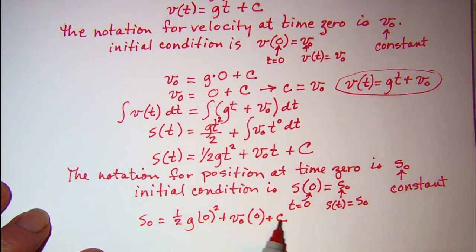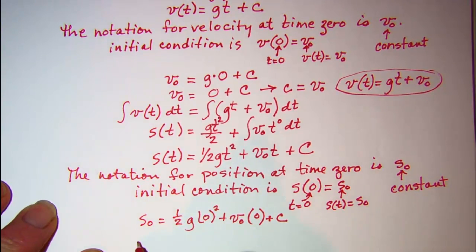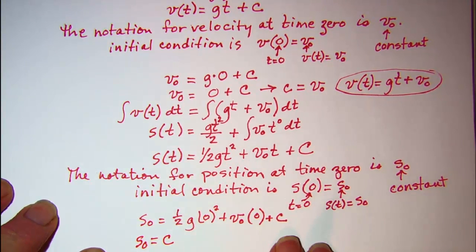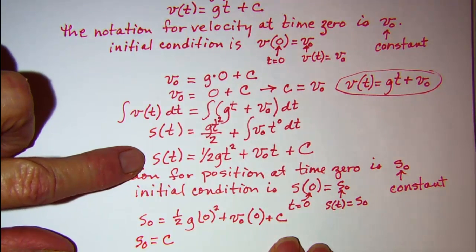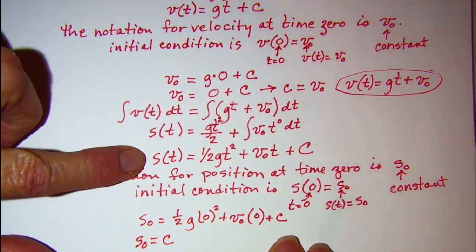So we want to solve for our constant. When we multiply, these terms are 0. So we see that s sub 0 equals our constant in this general solution.